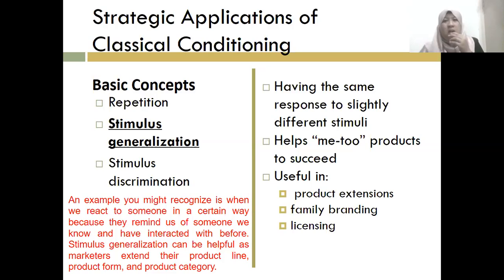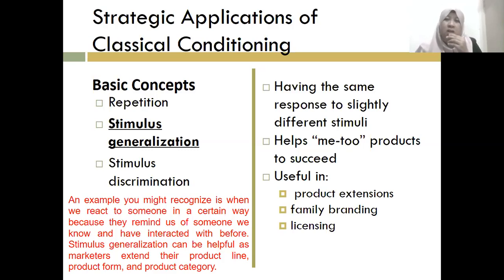For example, if you see 7-Eleven and KK Mart, the color is almost the same, right? The building, even though 7-Eleven is more modernized compared to KK Mart. But the green, yellow and white colors are almost the same. And of course, the operation hours, except during this MCO time, are the same 24 hours.